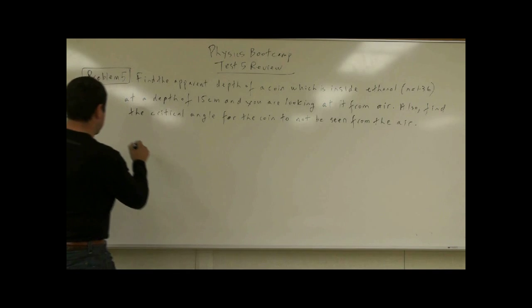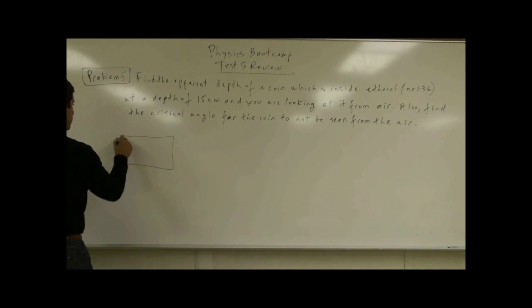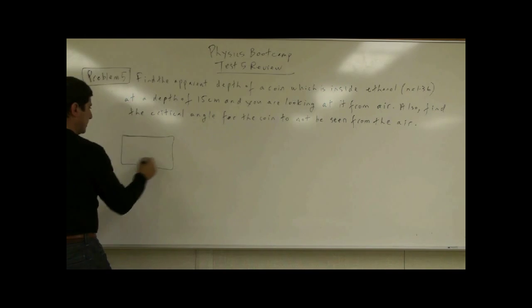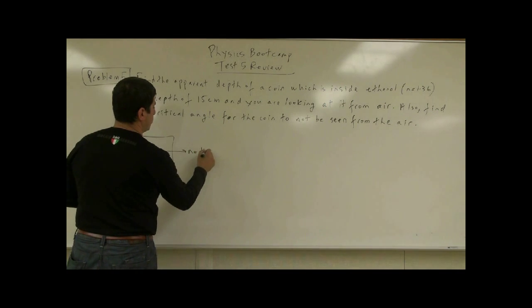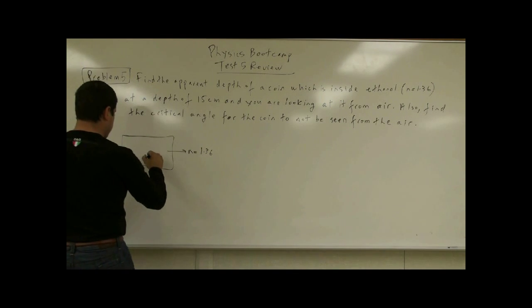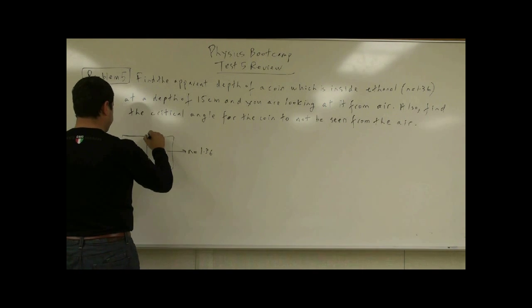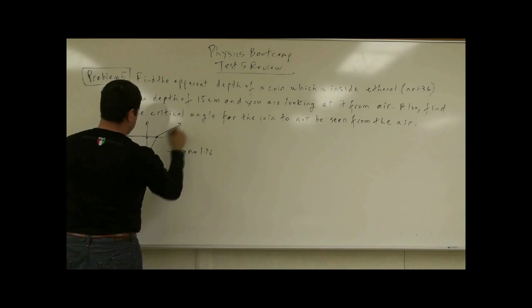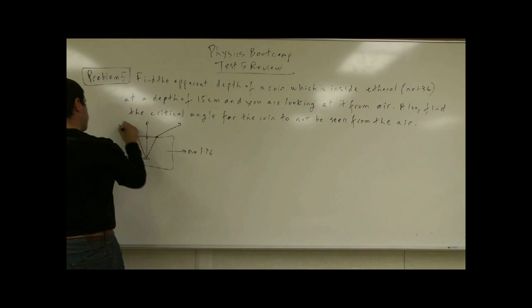Okay? So let's say we have some kind of medium here, and there's a coin here inside of the medium. The n is given as 1.36. Well, we talked about this before. When the light rays come from the heavier medium to a lighter medium, they bend outward.